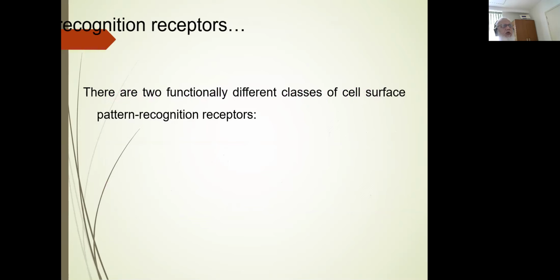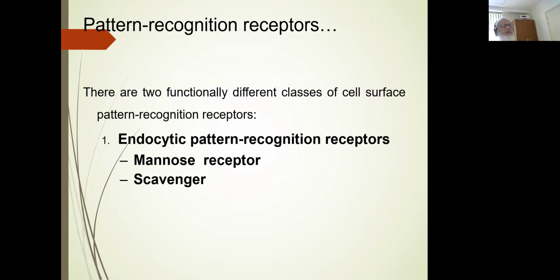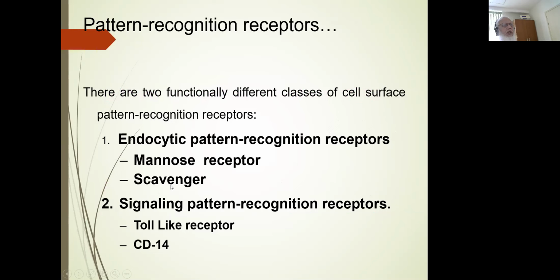One is endocytic pattern recognition receptors. The very name suggests that binding with this receptor will lead to endocytosis. There are mannose receptors and scavenger receptors. There are also signaling pattern recognition receptors, and their name suggests that binding with this receptor will give some signals to the nucleus. Examples are toll-like receptors and the CD14 receptor.